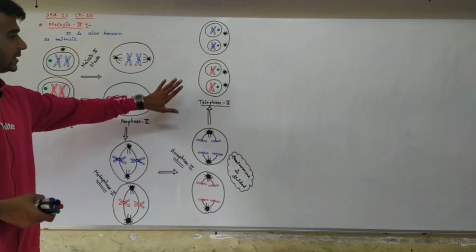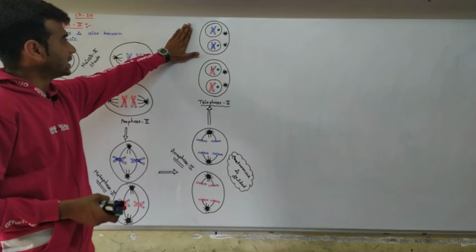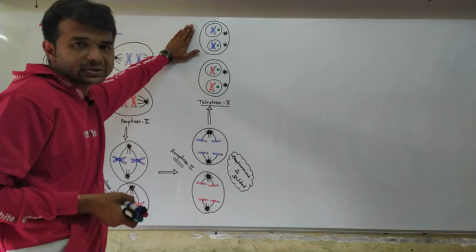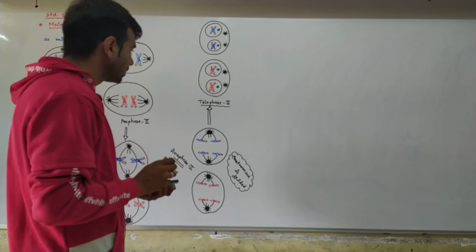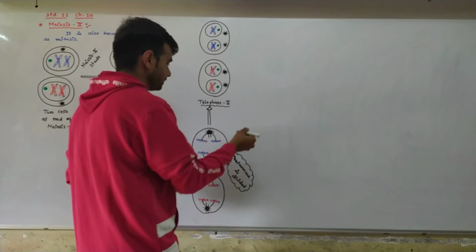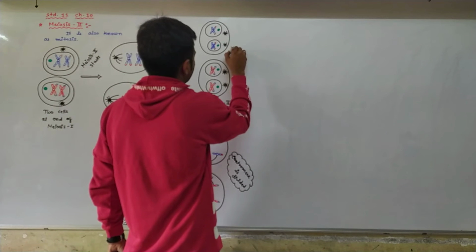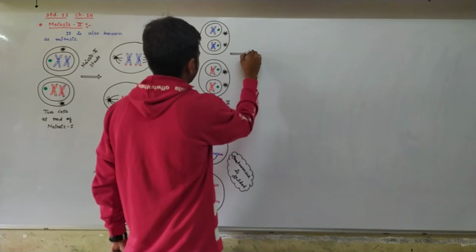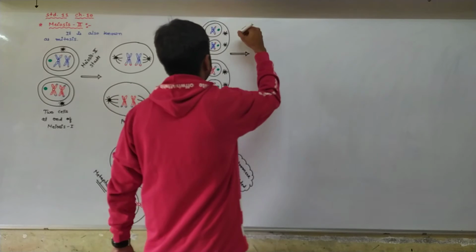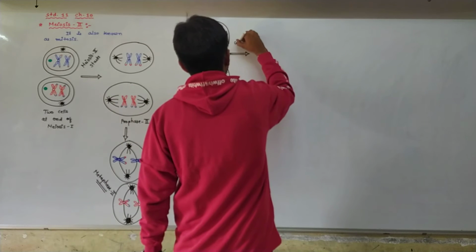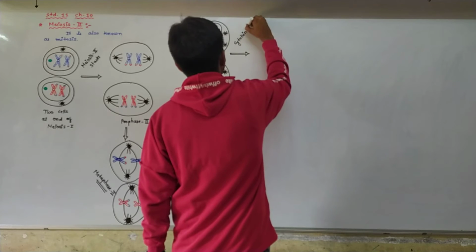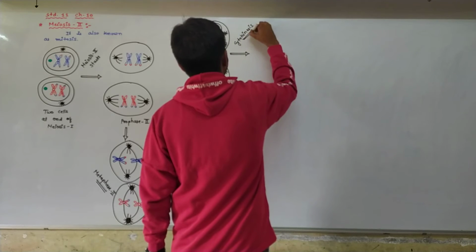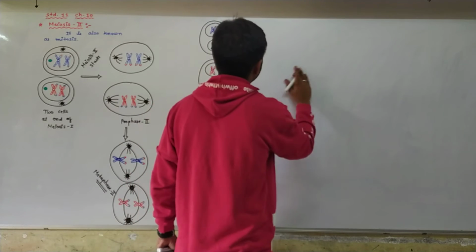So in telophase 2, a new nuclear membrane and new nucleolus develop. Fine. And now here, after that what happened? Cytokinesis starts. Fine.